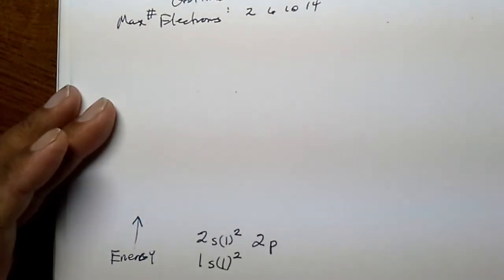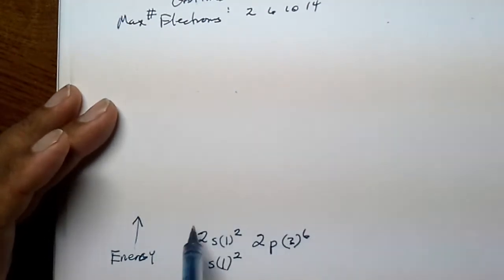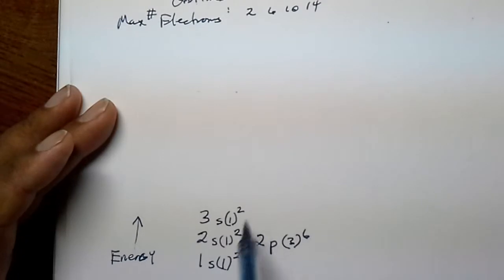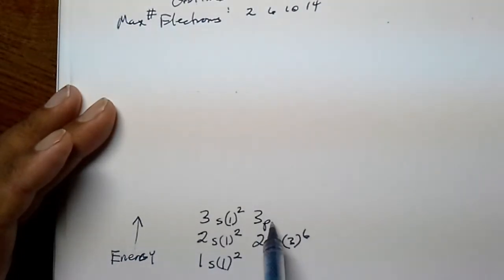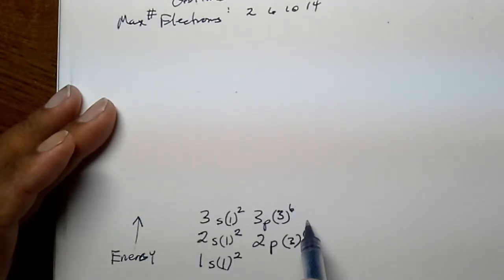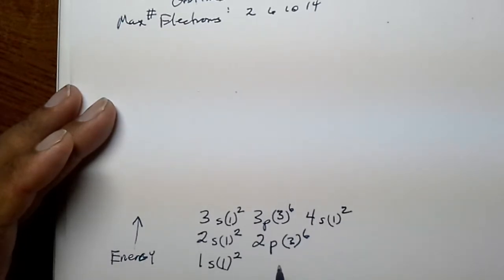We can occupy subshell P. Remember, it has 3 orbitals and therefore a maximum of 6 electrons. Okay, and as we continue to higher and higher energy levels, we have 3s, again 1 orbital, 2 electrons, 3p, alright, 3 orbitals, 6 electrons, and the next lowest level that can be occupied is 4s, again with 1 orbital and 2 electrons.